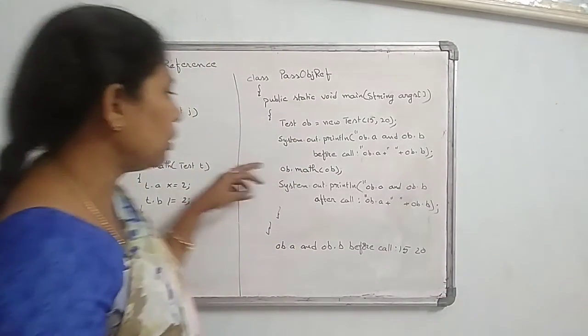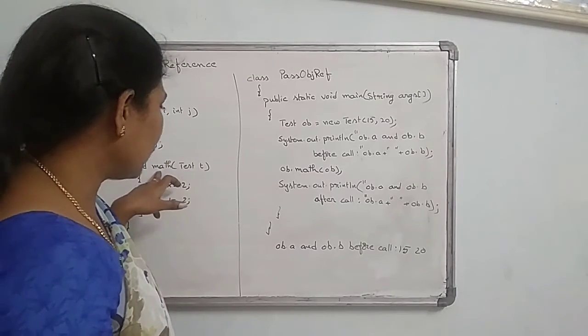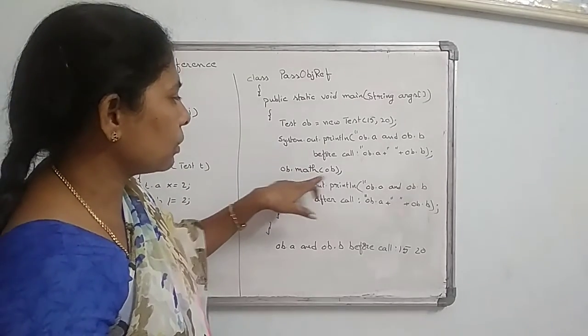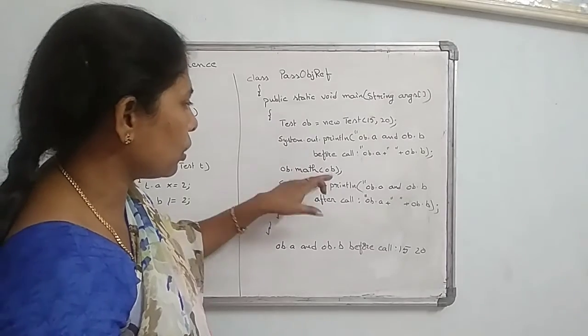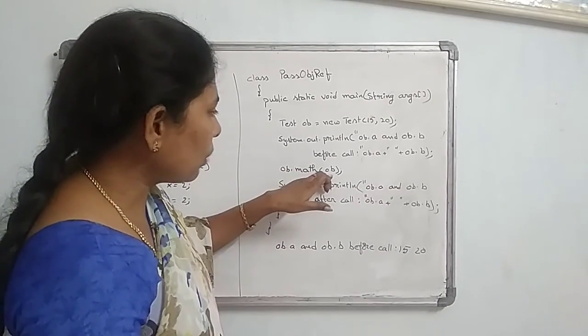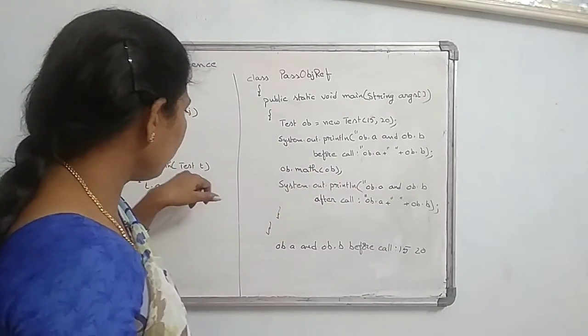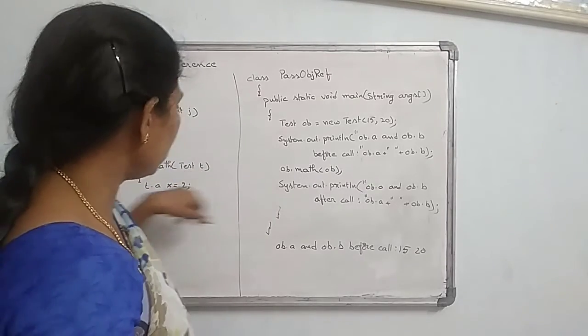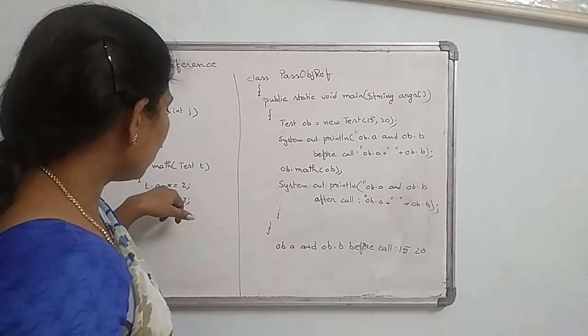After that I am calling the method math: ob.math(ob). So I am passing the object. Whenever you are passing the object, it comes under Test t. In that t.a equals t.a into 2.